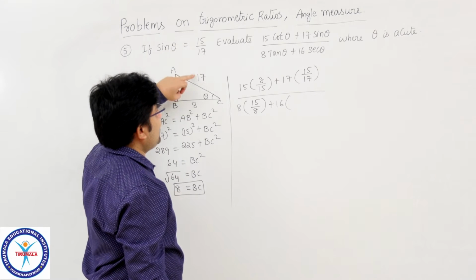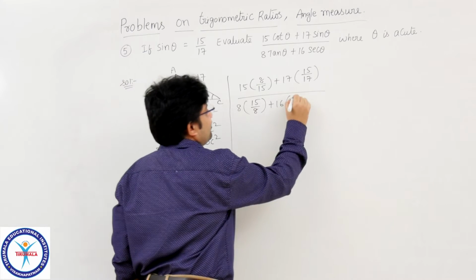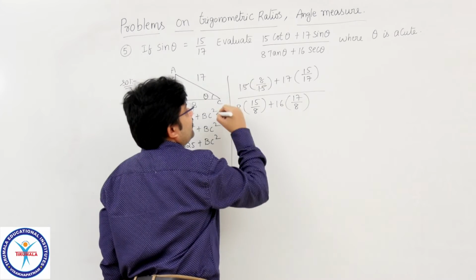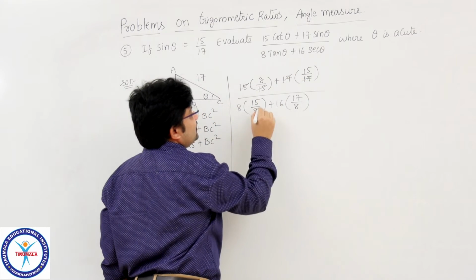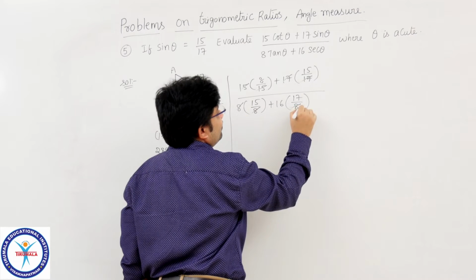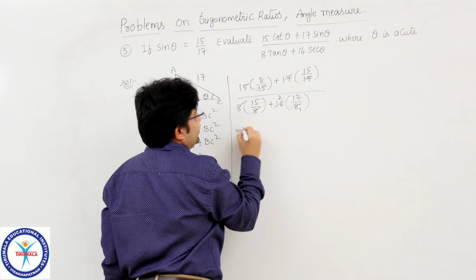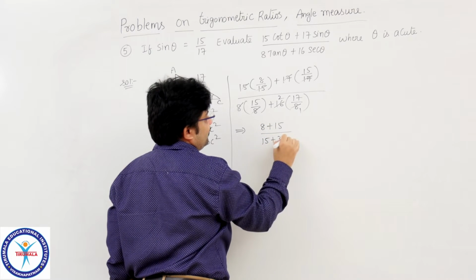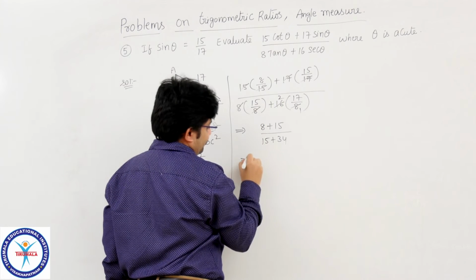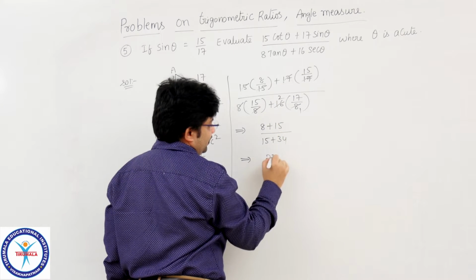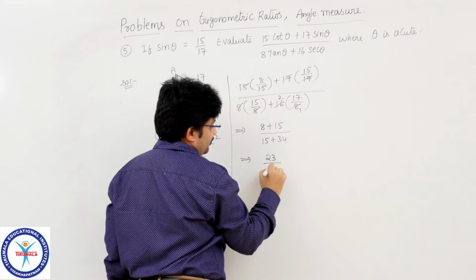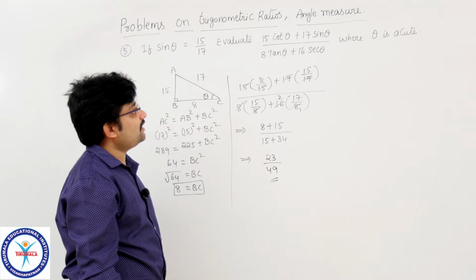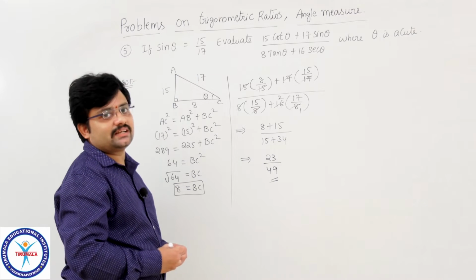Secant theta is nothing but hypotenuse by adjacent side, 17 by 8. So 15 gets cancelled, 17 and 17 get cancelled, 8 and 8 get cancelled. Then you will get 8 plus 15 by 15 plus 34, because 2 into 17 is 34. 15 plus 8, 23 by 49. So this is the value of 15 cot theta plus 17 sin theta by 8 tan theta plus 16 secant theta.